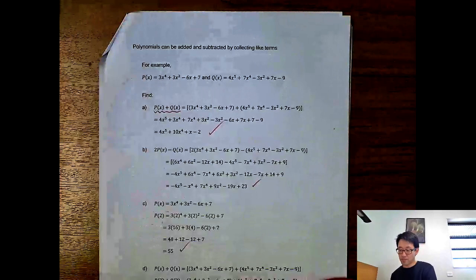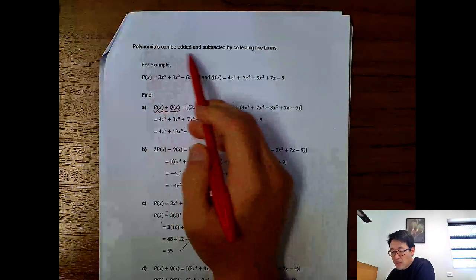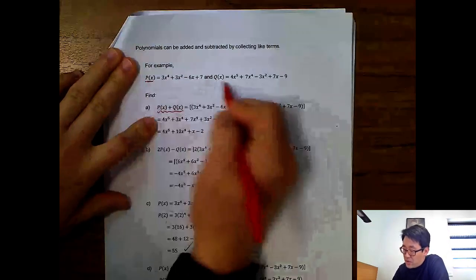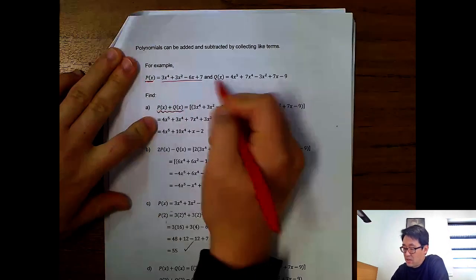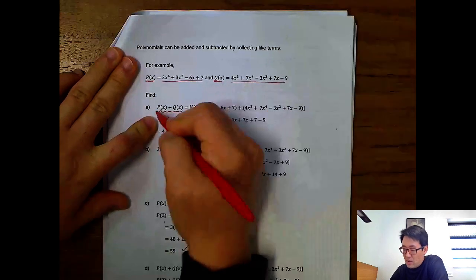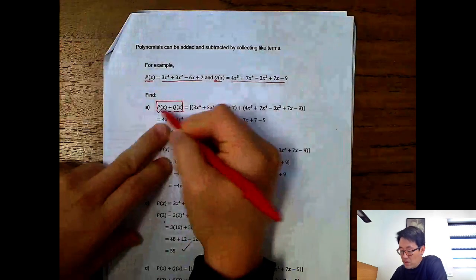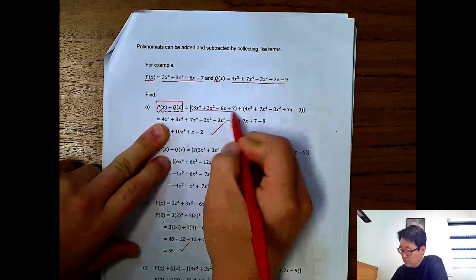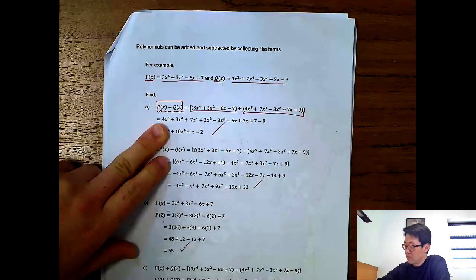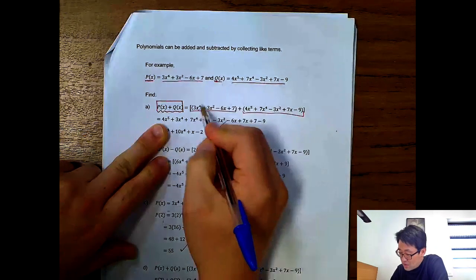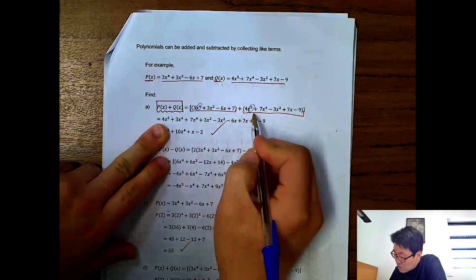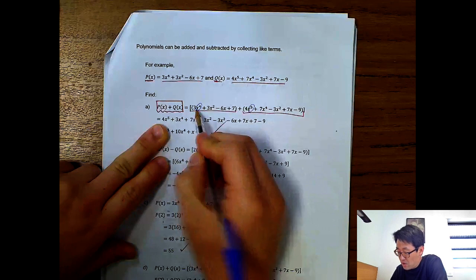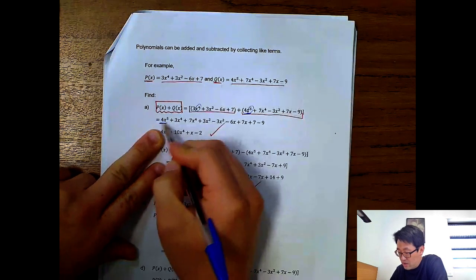Okay, next. Polynomials can be added and subtracted, it's the same thing. Function px is this, qx is that. The question asks you px plus qx, all you need to do is add both like terms. Check the power, x to the 5, can you find it in the other one? No, so I write down 4x power 5.